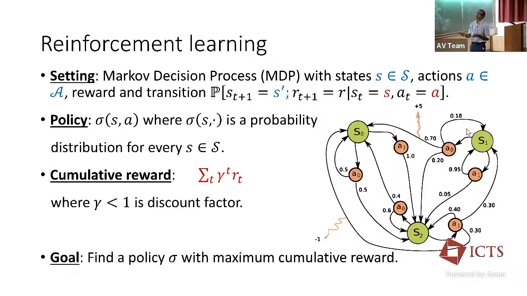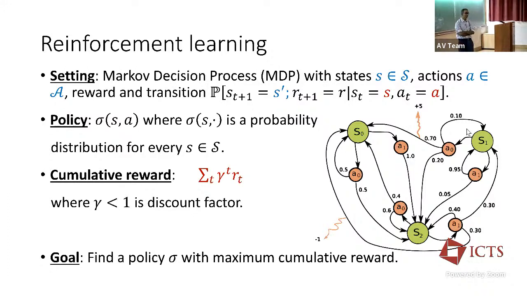Here I told you about one-step reward. That is, if you are in a state and you take some action, you get some reward R_t, and you can sum all that reward to get your cumulative reward. You can add some kind of discount factor gamma in this cumulative reward and try to maximize it.